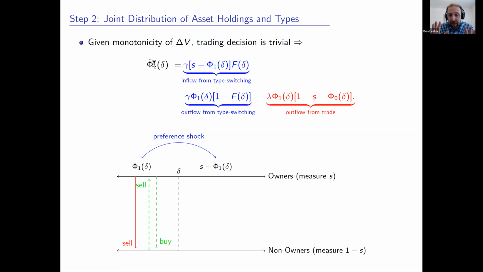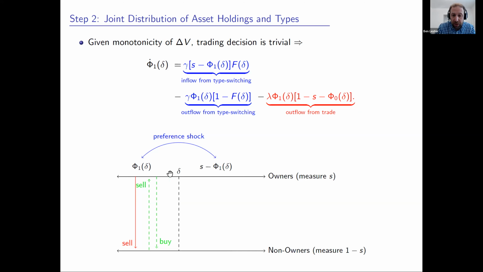Okay, so how can that measure change? Well, first of all, and here, again, I try to use pictures wherever I can. So think about this, the higher of these two parallel lines, think about this as the owners of the asset as I vary delta from 0 to 1, and think about this lower line here as the measure of non-owners as delta goes from 0 to 1, and pick an arbitrary delta here.